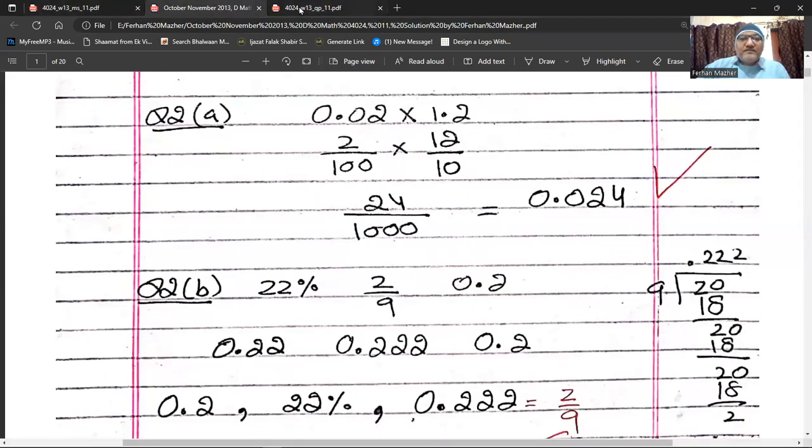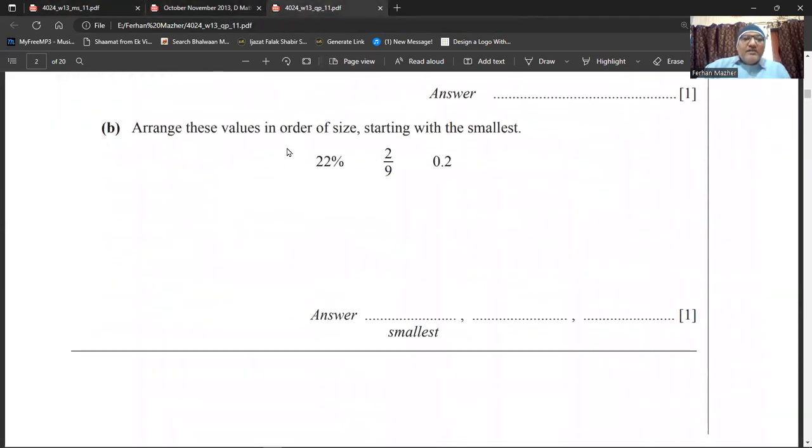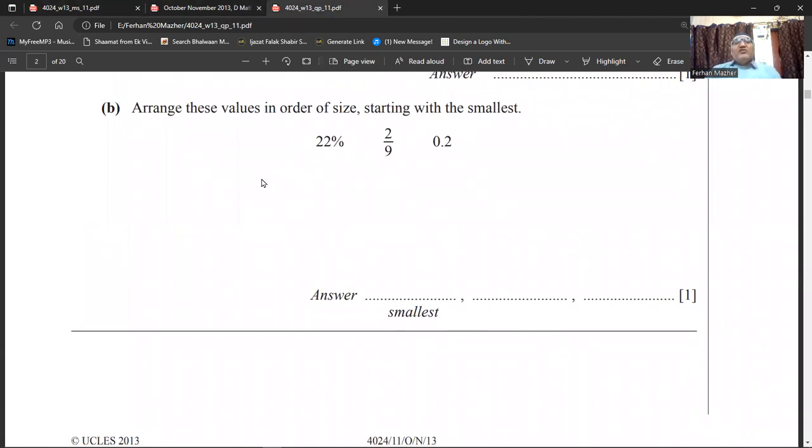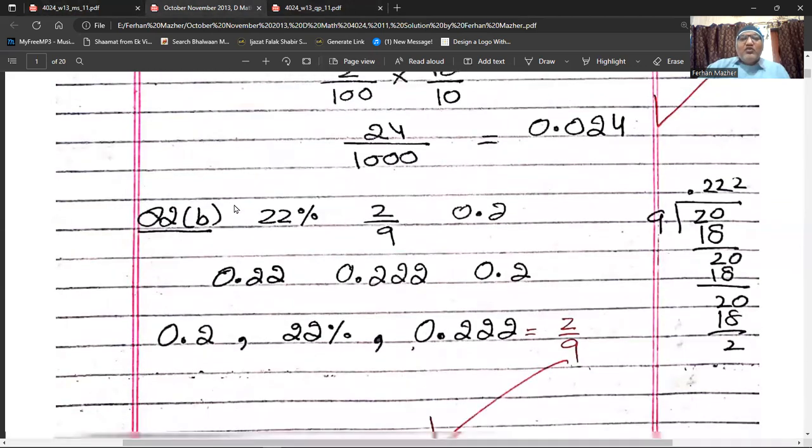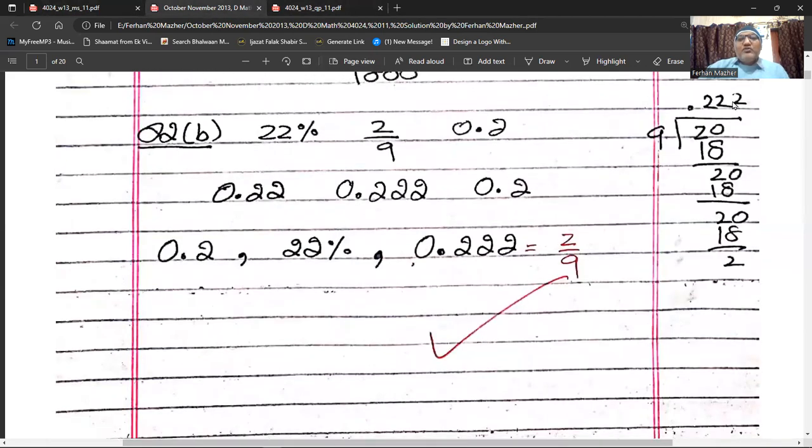Okay, B part. It says arrange these values in order of size starting with the smallest. 22% means 22 by 100, which means 0.22. For 2 by 9, I will divide 2 by 9 and you get 0.222 and this goes on. And 0.2 is 0.2. Now I can compare.